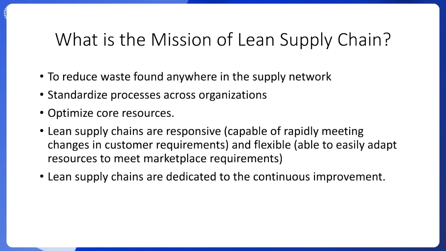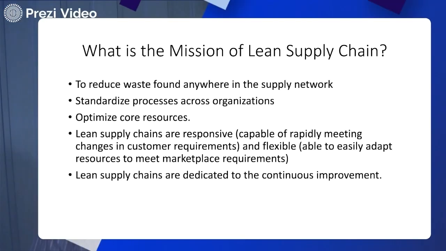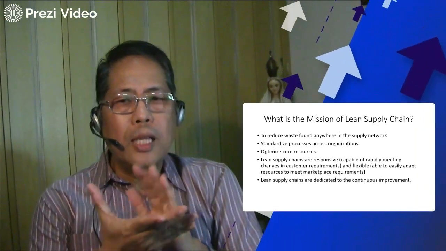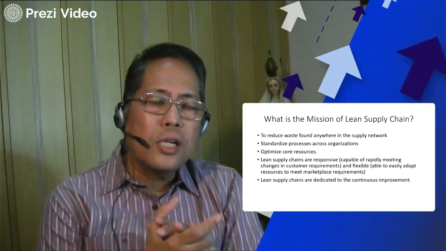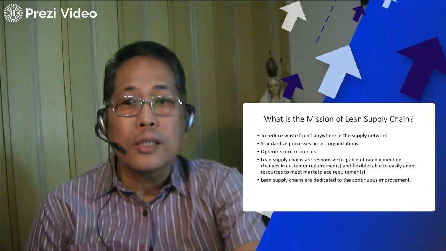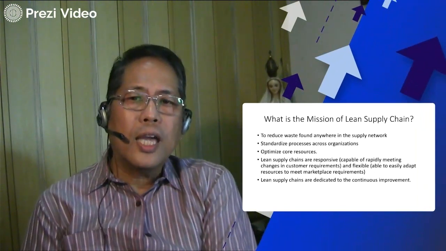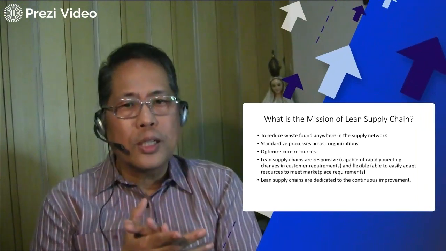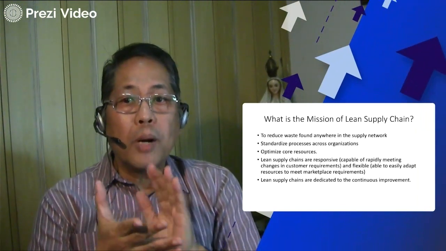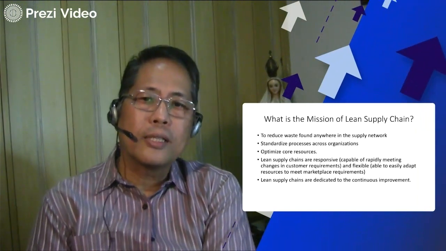Lean supply chains are responsive, capable of rapidly meeting changes in customers' requirements, and at the same time, flexible. They are able to easily adapt to the resources to meet marketplace requirements.